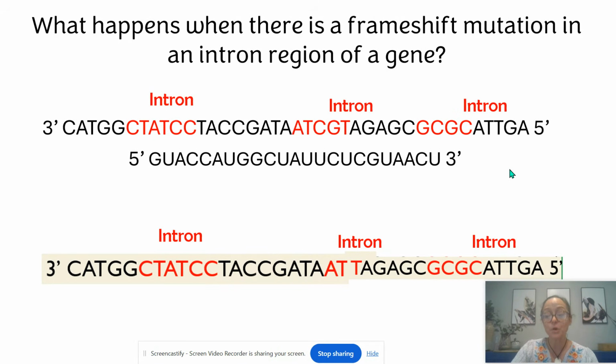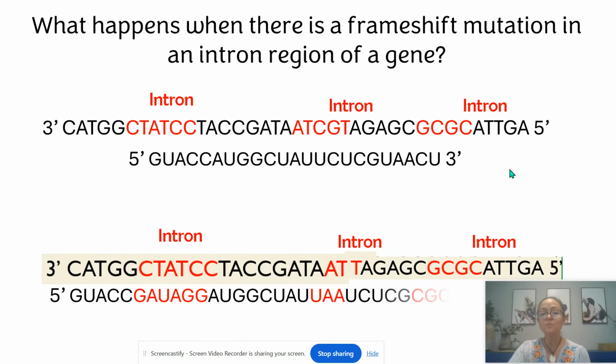matter if it occurred in an intron? Because mutations happen in the DNA. Mutations aren't happening in the RNA. So this is in the DNA before pre-mRNA is even made. So once we make that pre-mRNA, you might see this and be like, uh-oh, that's a stop codon.